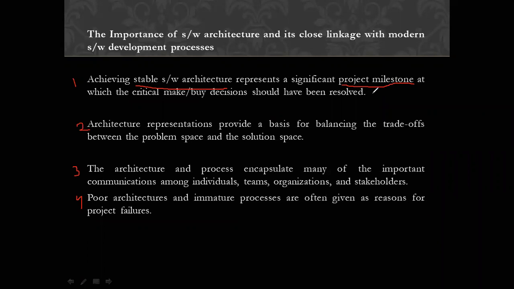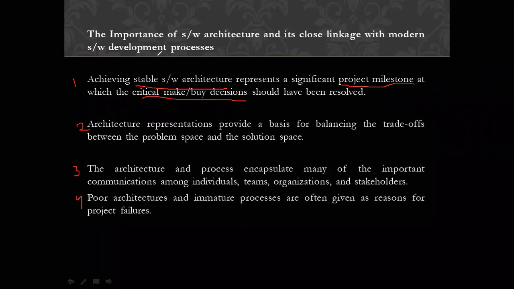Those are milestones at which critical decisions can be resolved. So if your software architecture is stable, it will help us represent our milestones, and that will help us make complex, critical decisions easy.